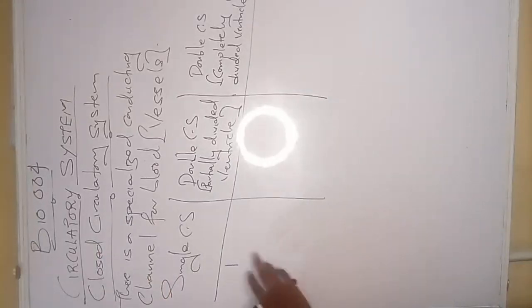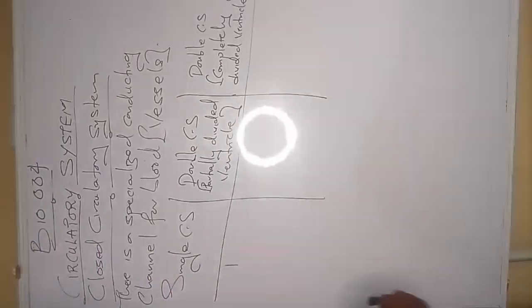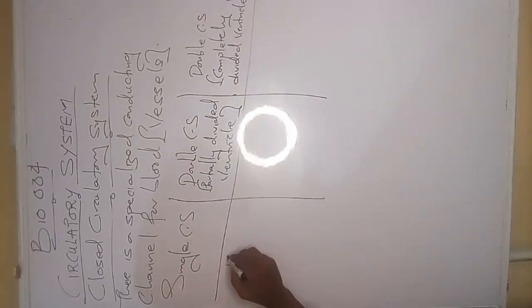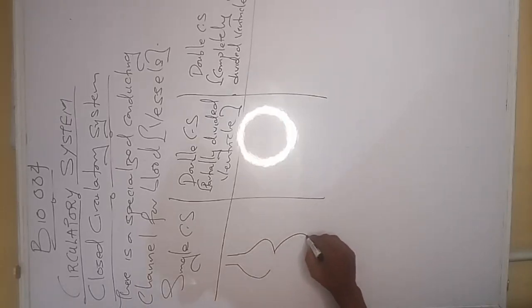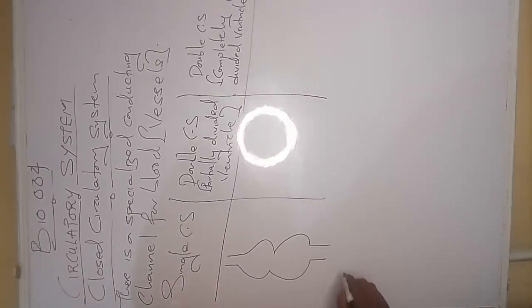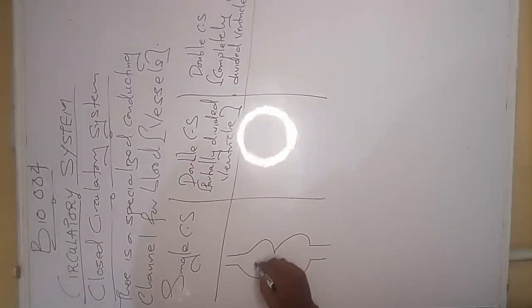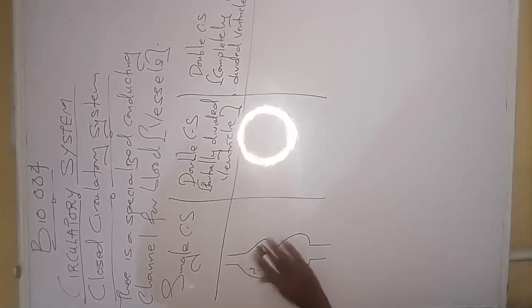So I said that this single circulatory system you find it occurs in fishes. Again, they have one auricle and one ventricle. That's how theirs is.